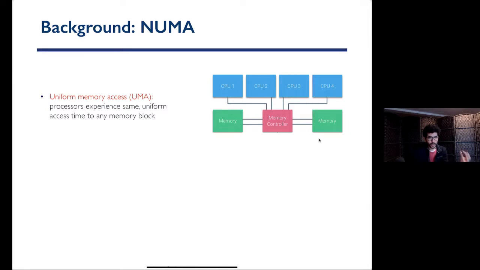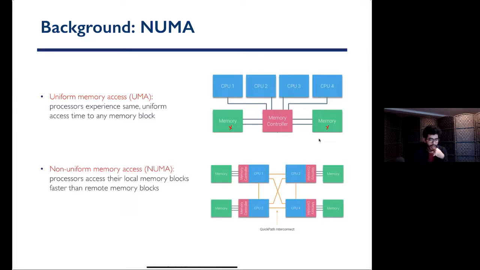And every time a CPU needs a memory load or store or any kind of computation on memory, the request is sent to the memory controller, and from the memory controller to the corresponding bank. Now, it doesn't matter if the data you want resides on this memory bank or on this memory. The time it takes for any of these CPUs to access any data is uniform. It takes the same amount of time.